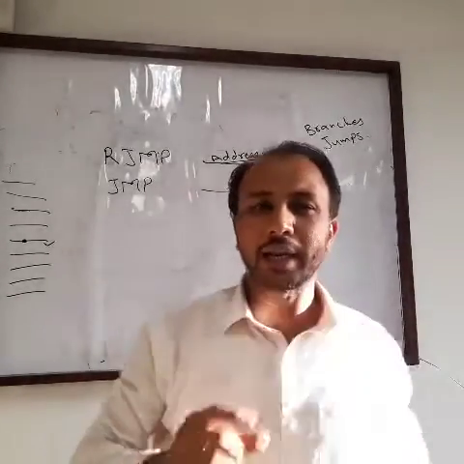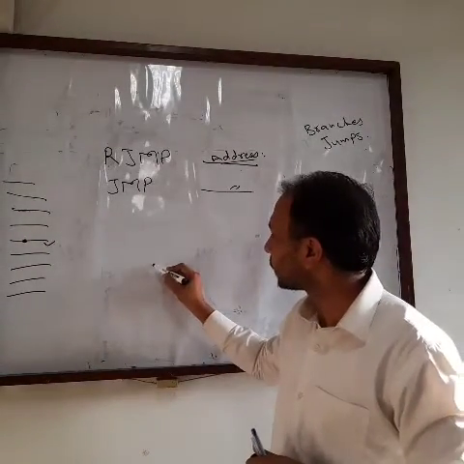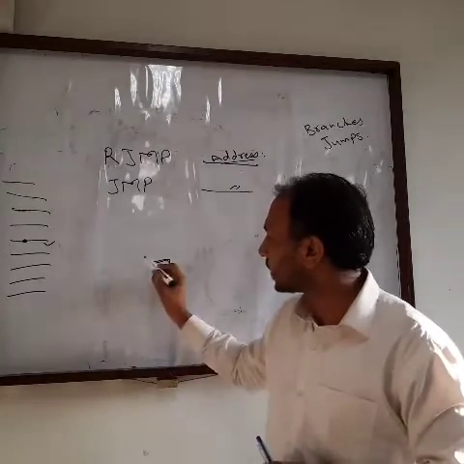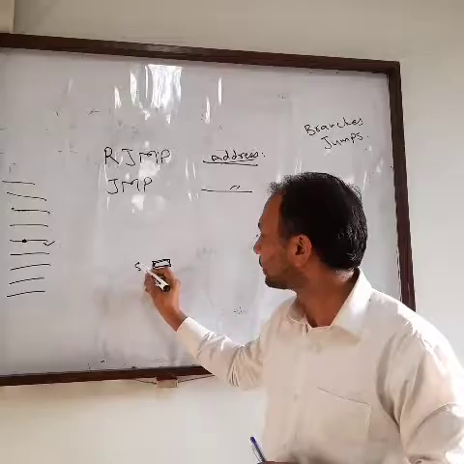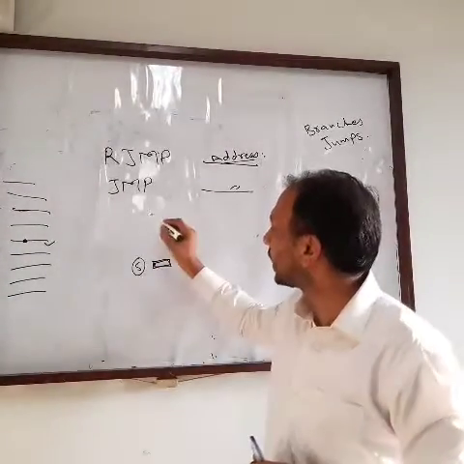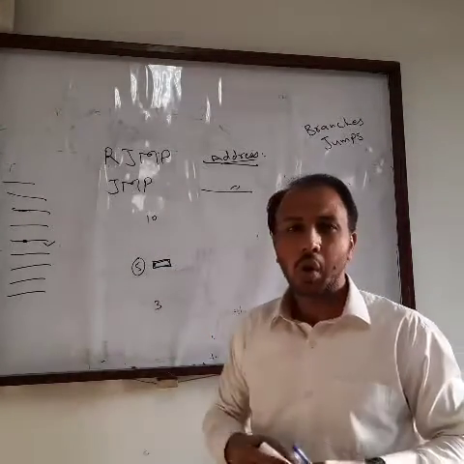RJMP is a relative jump. Relative jump is, for example, if you are standing at the 5th floor and you want to go to the 10th floor or to the 3rd floor, how will you say it?